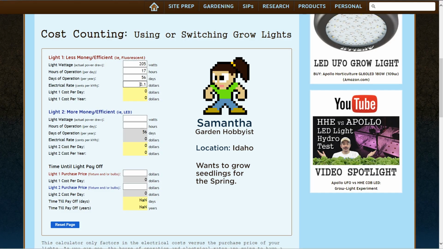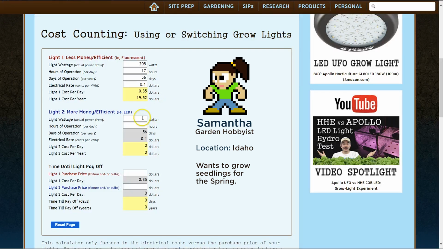So she inputs the rate as dollars in a decimal, and immediately she can see that it costs 35 cents each day to run her lights. Using them 56 days a year means an annual cost of $19.52. So, is it worth an upgrade based purely on electrical savings?